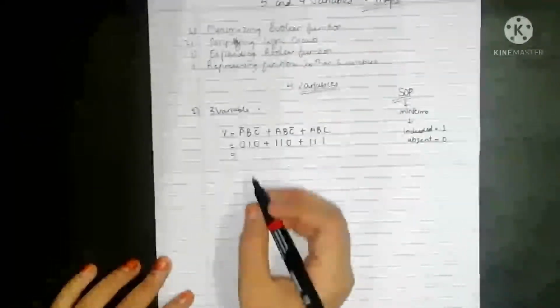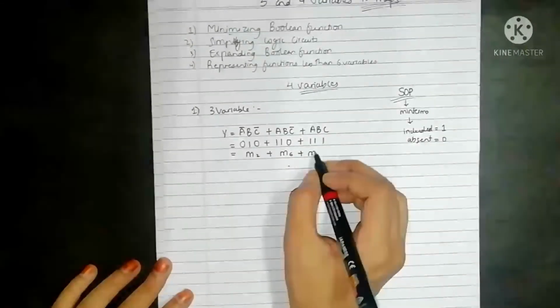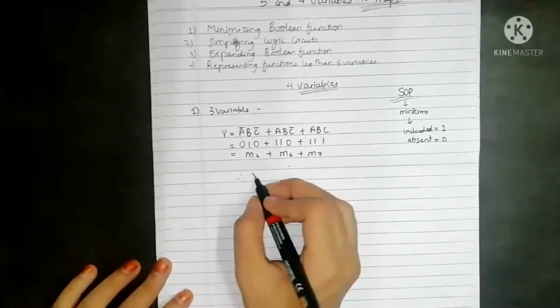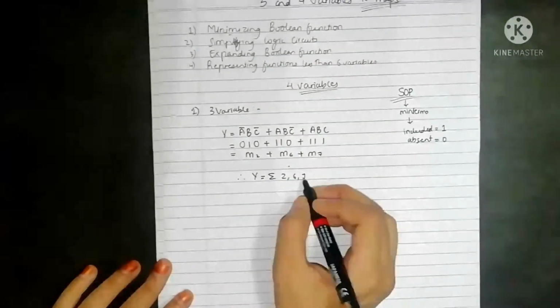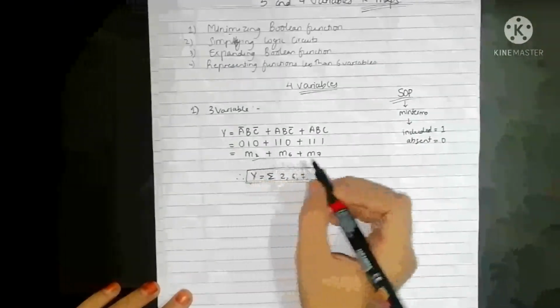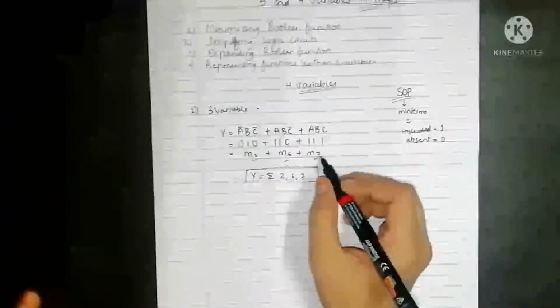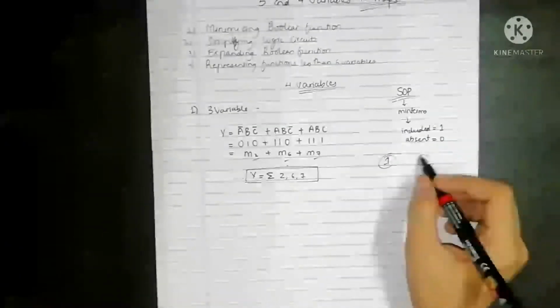The corresponding min terms are M2, M6 and M7. So the expression can be deduced as y is equal to sum of 2, 6 and 7. This means for M2, M6 and M7 my min terms will be included and I will put a 1 in the K-map, and for the rest of the terms I will put a 0.